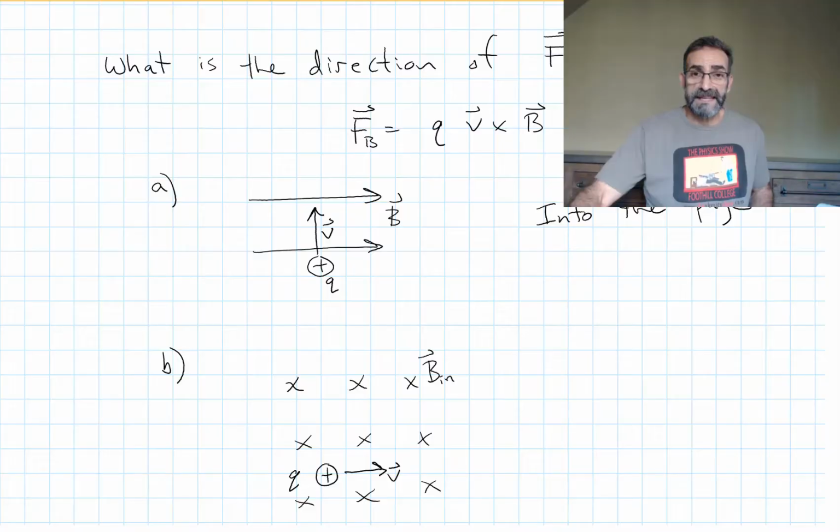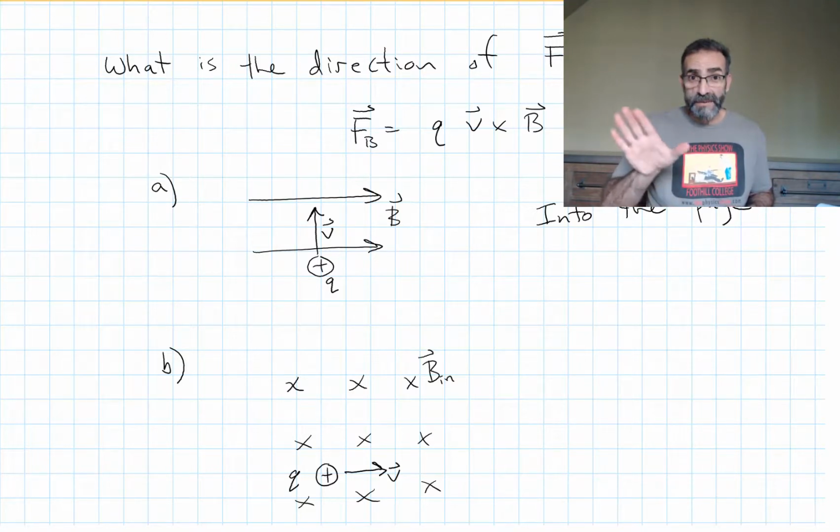In this situation, the magnetic field is pointing into the page. The magnetic field is perpendicular to the plane of the page, and our particle is moving in the plane of the page to the right. What direction is the magnetic force on this particle? Well, V is to the right. I put my fingers in that direction. B is into the page, and when I roll my fingers into the page, my thumb has to point toward the top of the page.